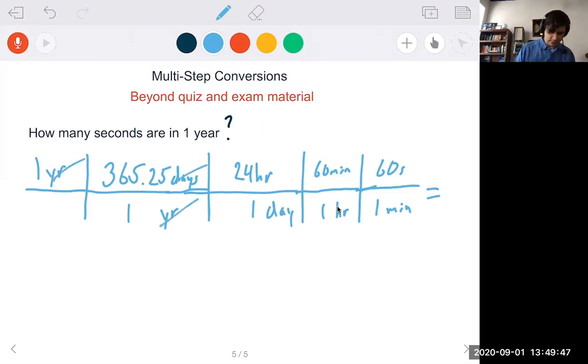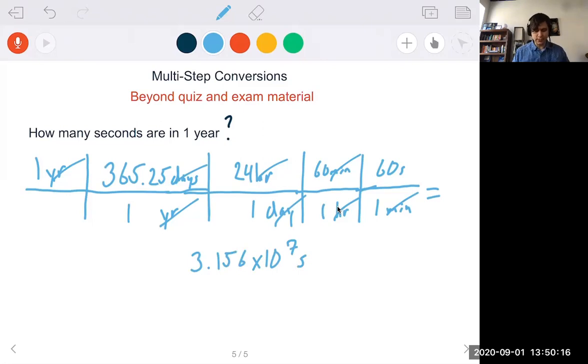Go through, make sure all my units cancel out. So I'm left with seconds. What does this equal? 3.15, and I'll round to the third decimal place, 156 times 10 to the 7th seconds.